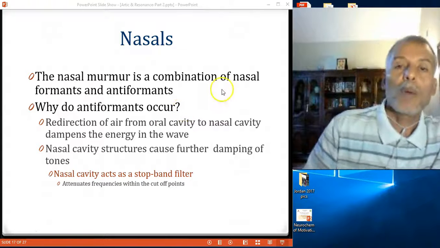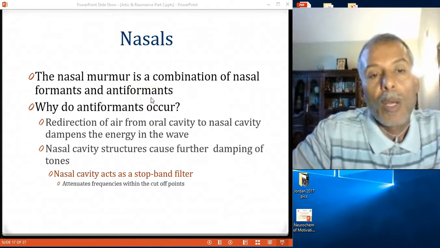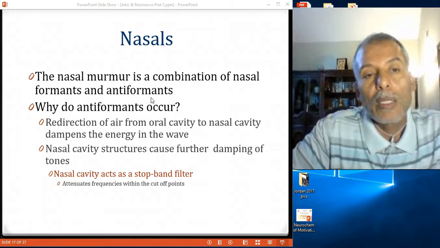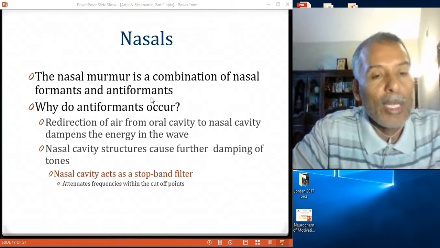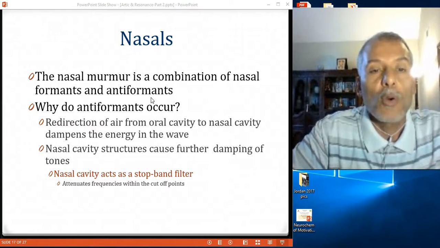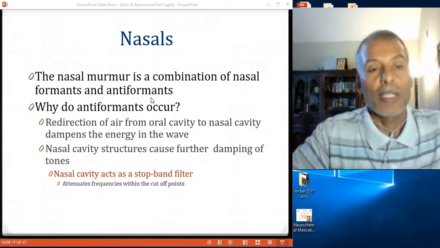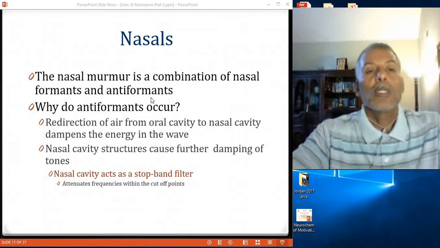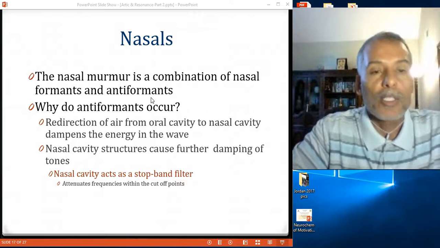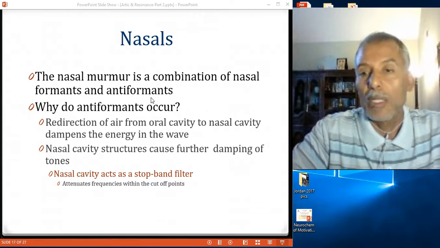Nasal murmur is a combination of nasal formants and antiformants. And the antiformants are weak bands of energy that result from damping of the sound as it goes through the nasal cavity. So this explains, as I mentioned in class, why antiformants occur in the nasal cavity.